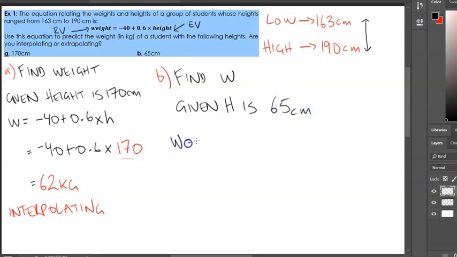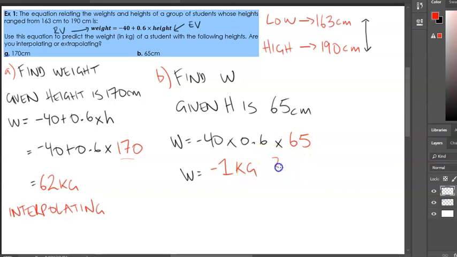So the weight is -40 plus 0.6, and I'm just going to go straight to the number. I'm not going to write the formula out again. Times 65. So our weight in this case is -1. So this is saying that if you were to be 65 centimeters, you would weigh -1 kilograms.